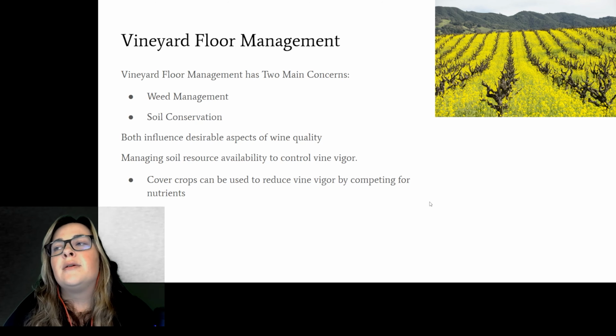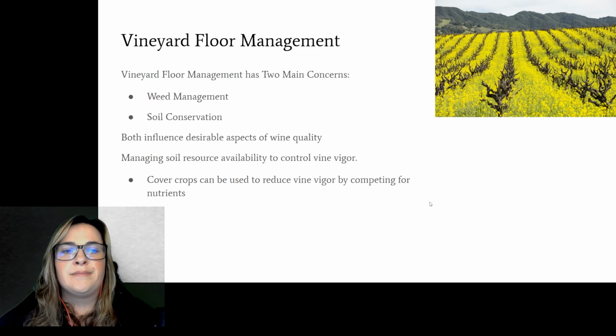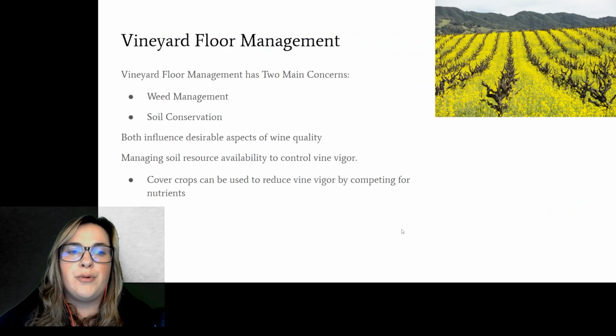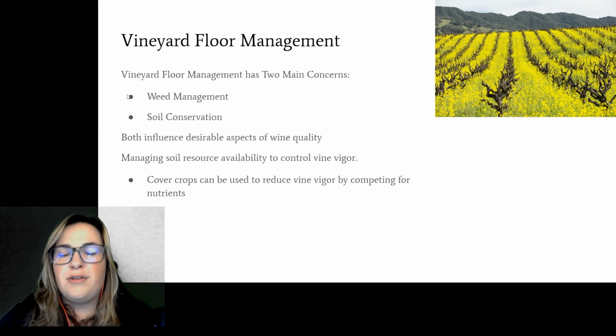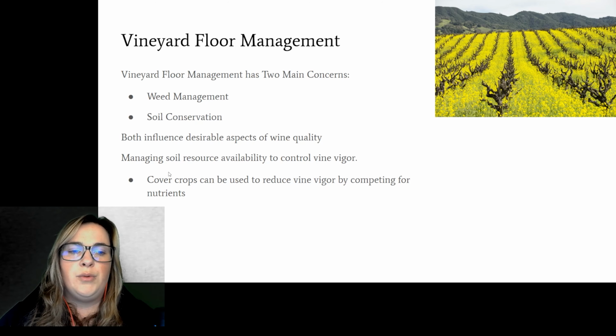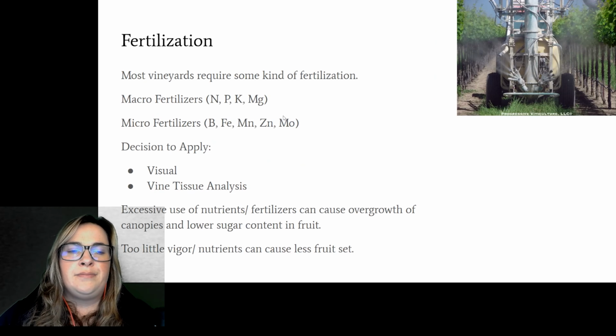So if you are planting something that competes for nutrients, it can help to harness over vigorous vines, right? Cool. So that's the first main point. The main concerns of vineyard floor management is weed management and soil conservation, but we're really here to talk about cover crop.